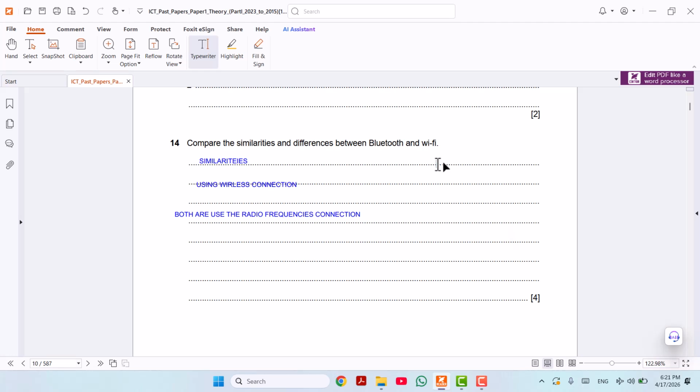So what are the differences? Differences. Wi-Fi is faster. You can say also Wi-Fi has long range.